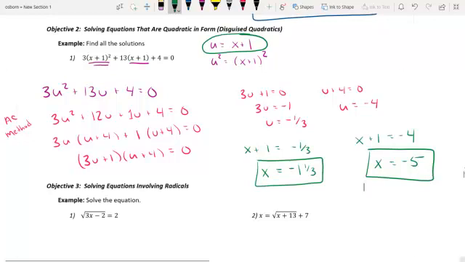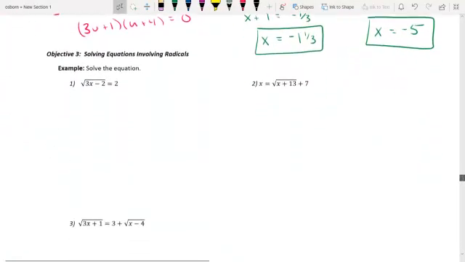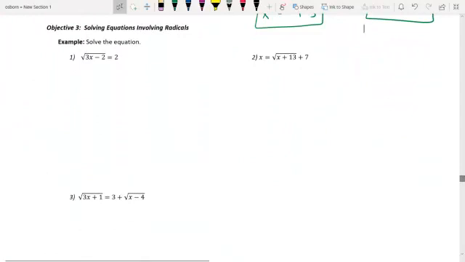Now the next kind of equations that we talk about in this section are equations that involve radicals. So when I have a radical, the first thing I want to do is isolate my radical. I want my radical to be on one side of the equation all by itself.